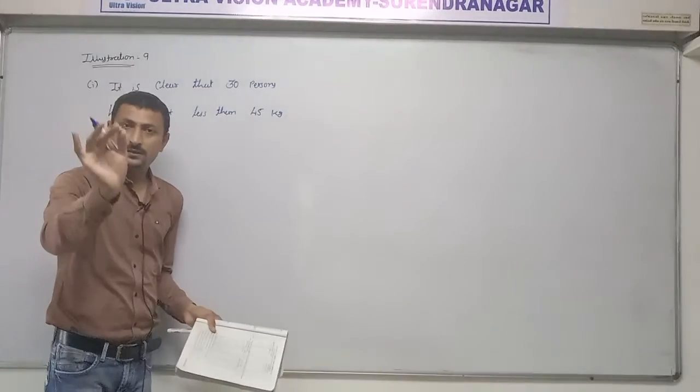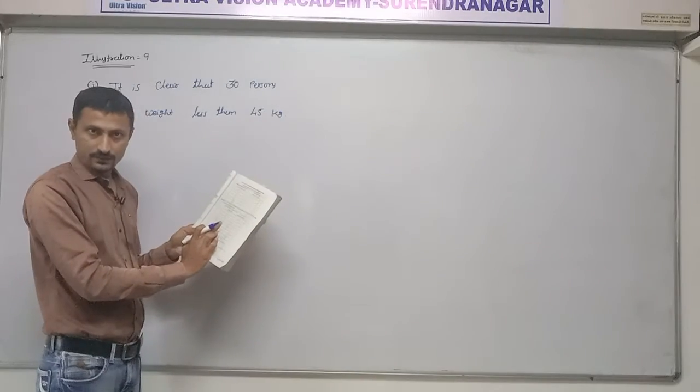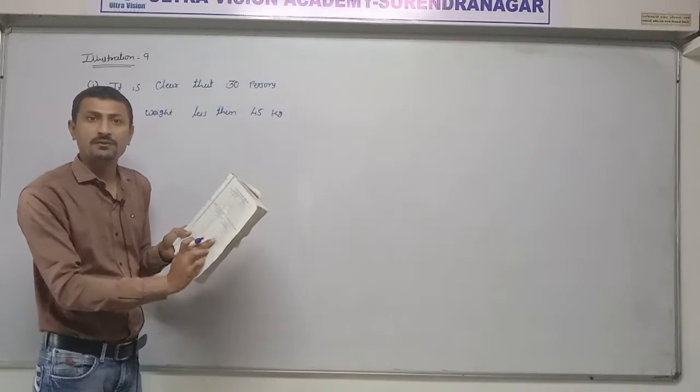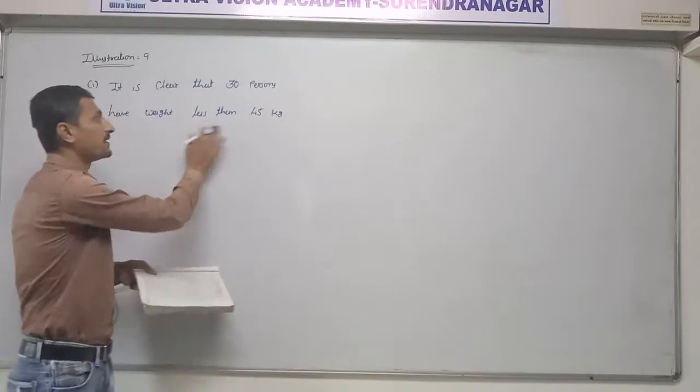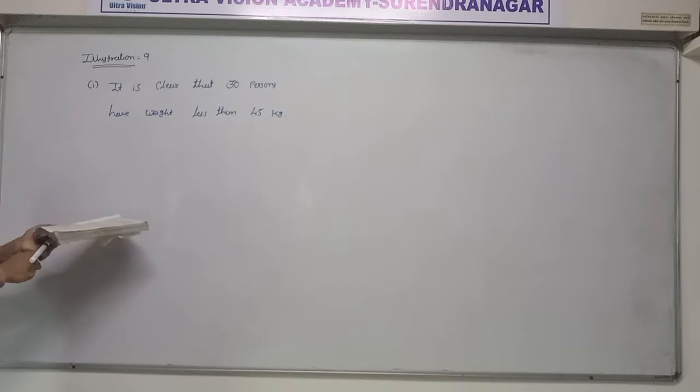This table clearly indicates that 30 persons have weight less than 45. Next, number 2.